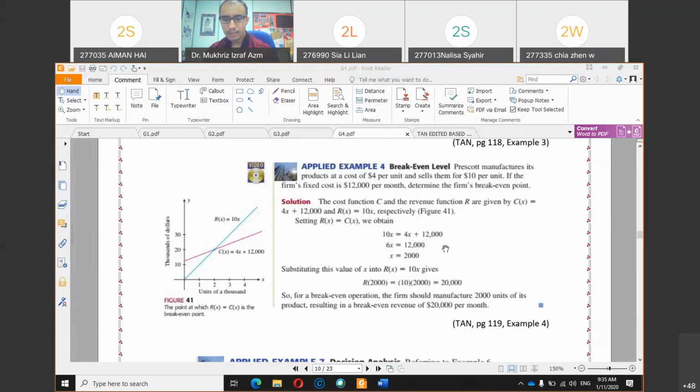So you're going to learn on this break-even concept again, when TR equals to TC. This example seems very simple, but the concept of break-even is very important in economics. Okay, thank you, Aiman.